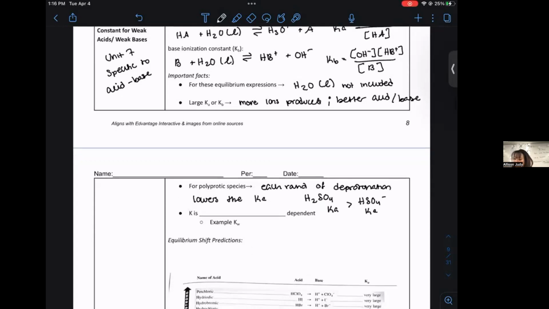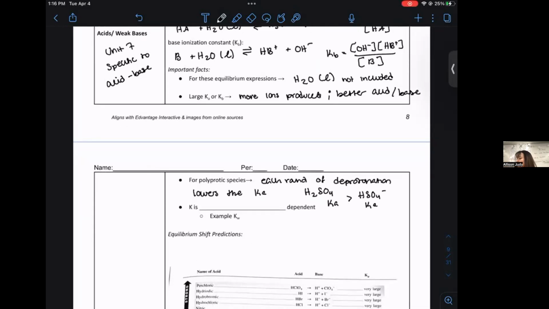Also, do not forget that K is temperature dependent, just like with any equilibrium constant. For example, don't forget water. Remember, this is always an MCQ question. Water, if you put it into higher temperatures, acts more acidic.